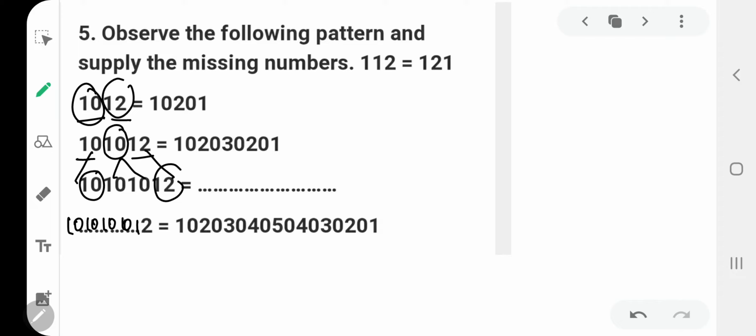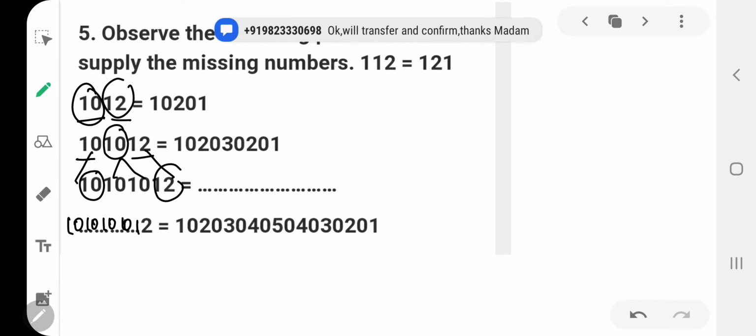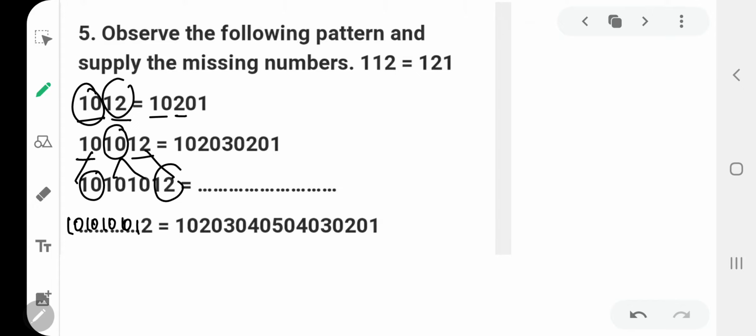Yes. Next, if you notice here, 10201. So I have broken this number into 102 and 201. I have kept 102 here, 201 here. Got my point clear?